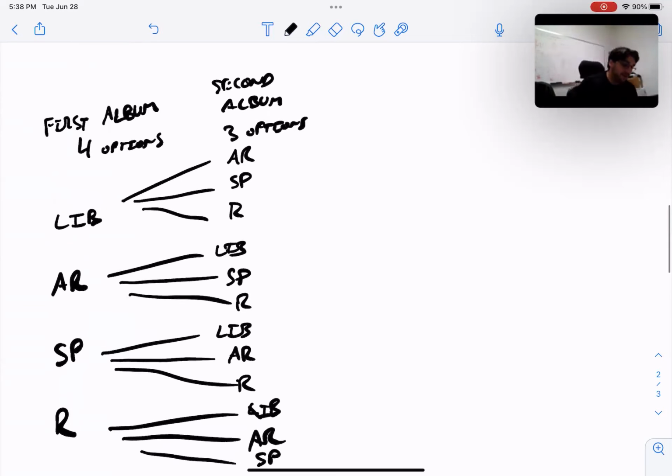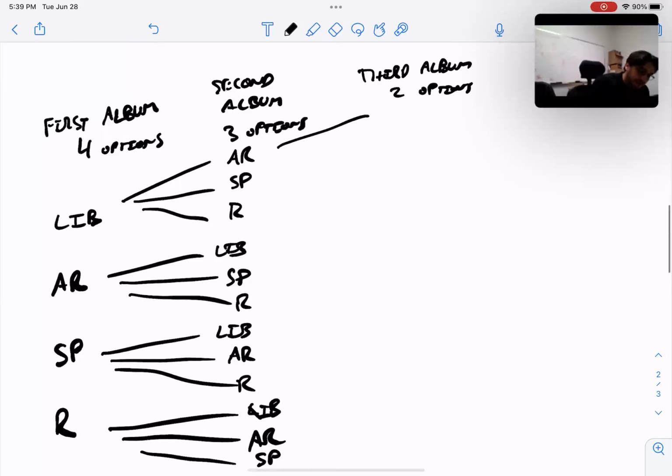Now, my third album choice, what's going to happen on this one? I'm going to have 2 options for each of these. If I already picked Let It Be and Abbey Road, now I'm down to Sgt. Pepper or Revolver. If I already picked Let It Be and Sgt. Pepper, now I'm down to Abbey Road or Revolver.